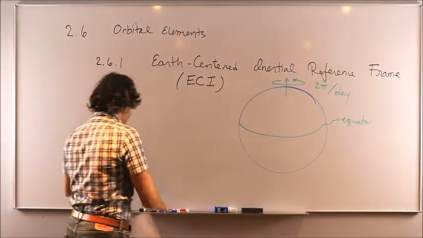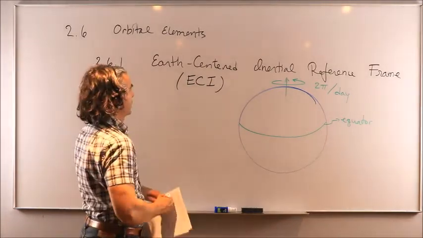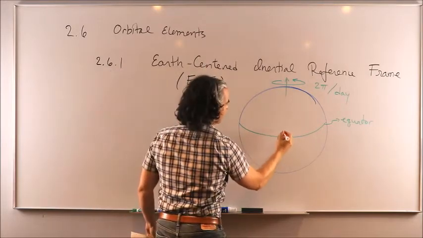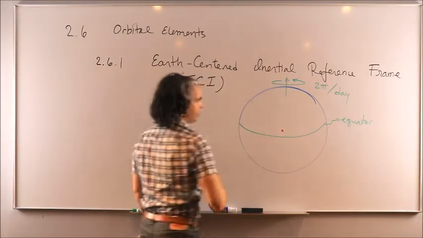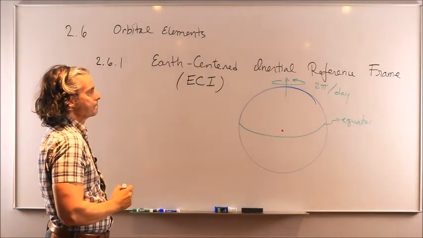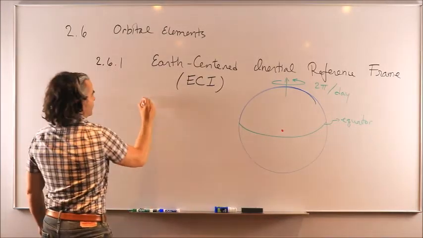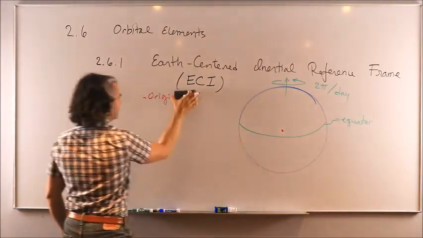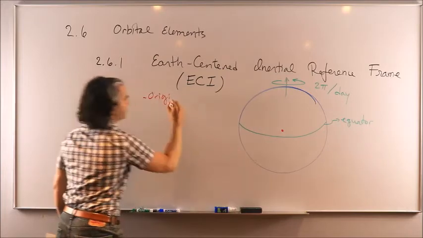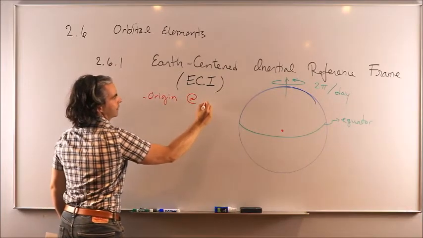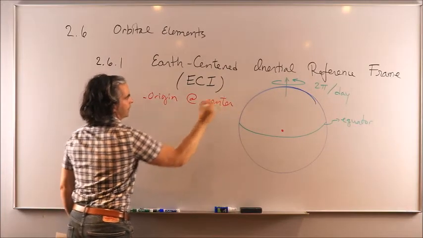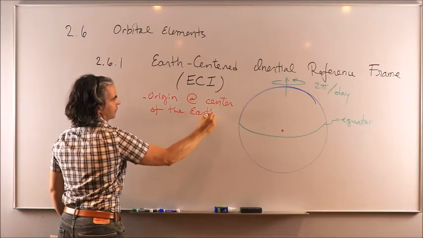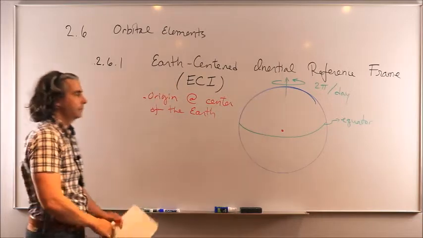Well, our ECI reference frame, as the name implies, has its origin right at the center of the Earth. This is our origin, at the center of the Earth, right here. Okay?